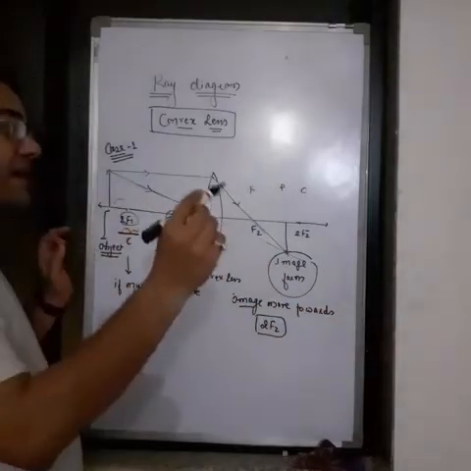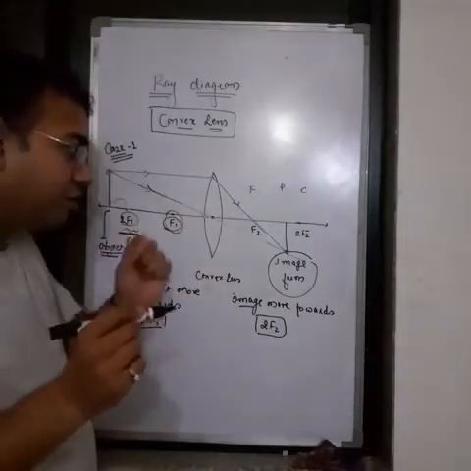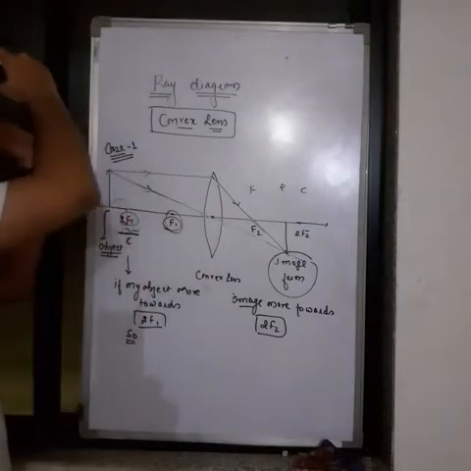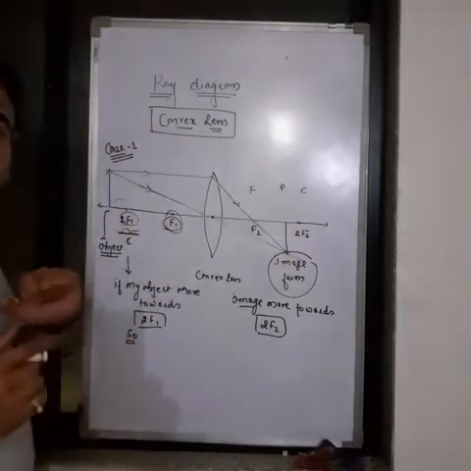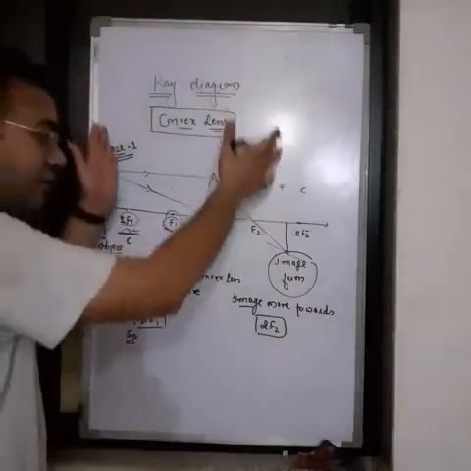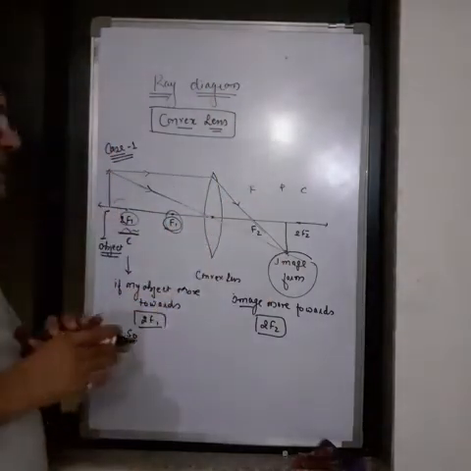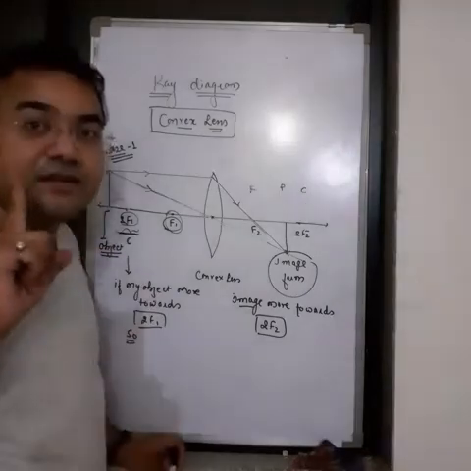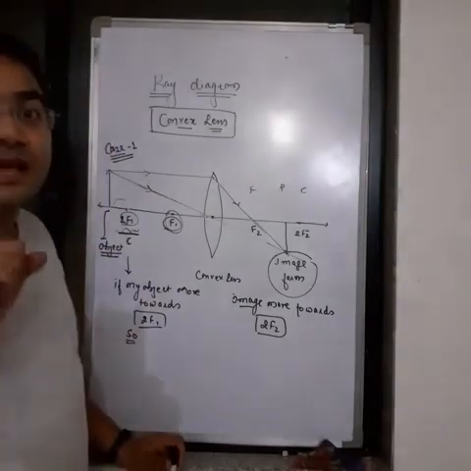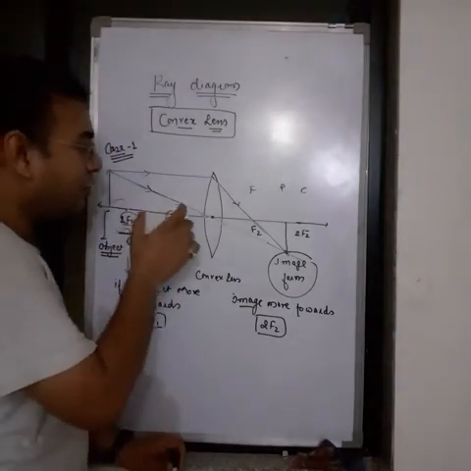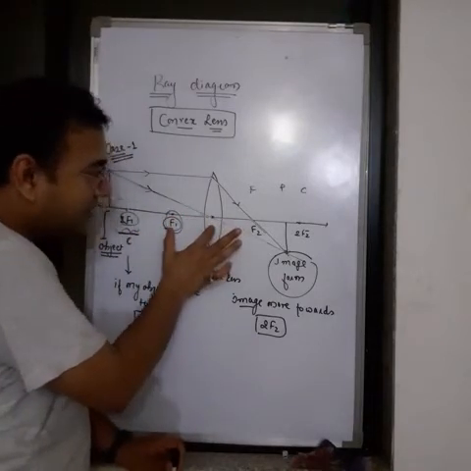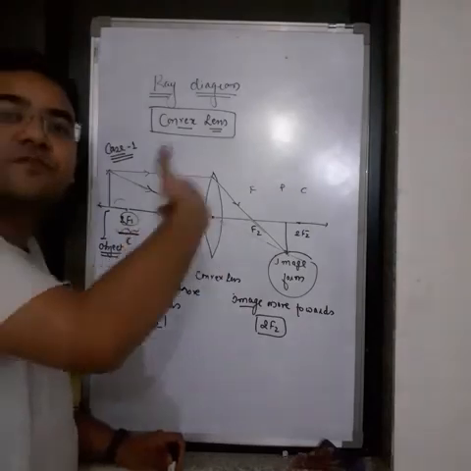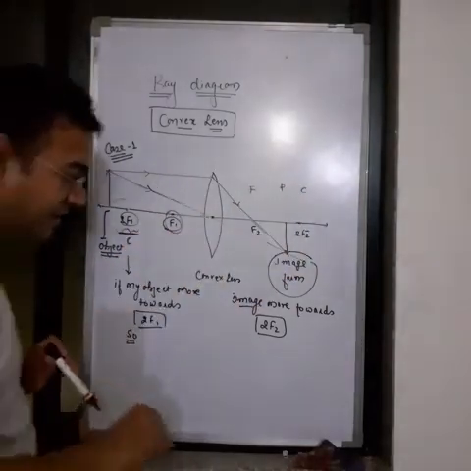Similarly, when our object is moving from infinite distance, then our image is at F2. So again we are going to make the table, and again there is one exception case. The exception case is when your object is between F1 and the pole, then the image is going to be virtual.